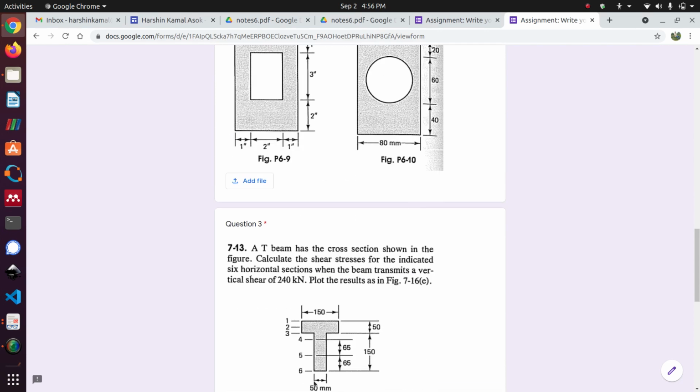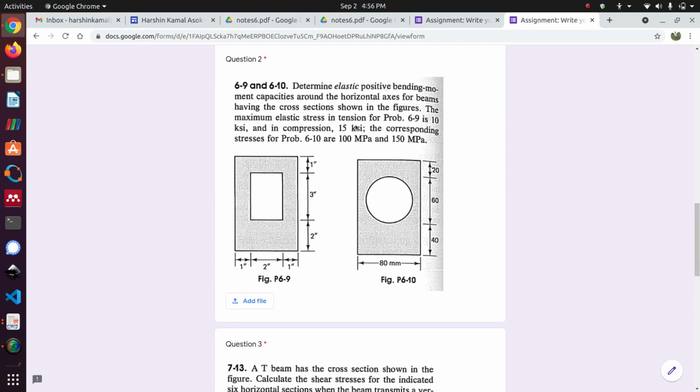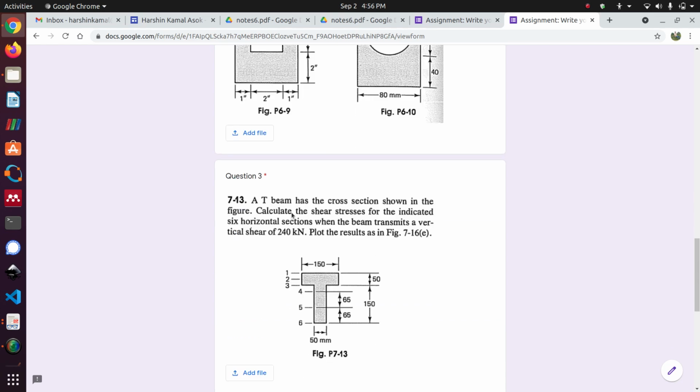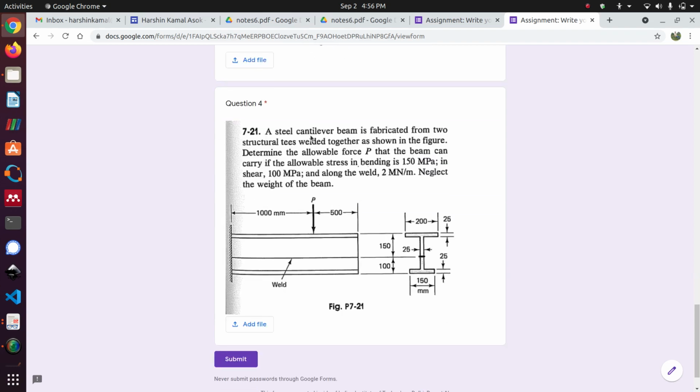First and second problems are basically, I think this is shear stress, right? Capacity is maximum elastic stress. Compression. So this is shear stress.